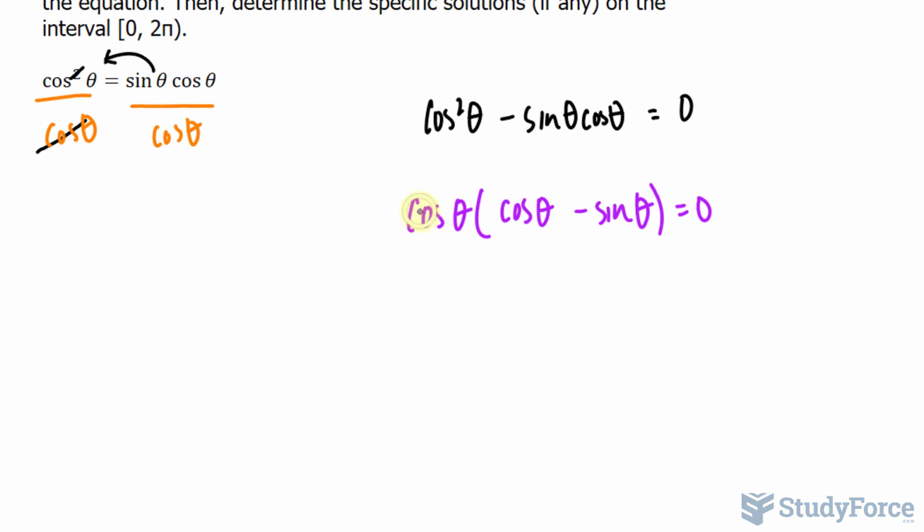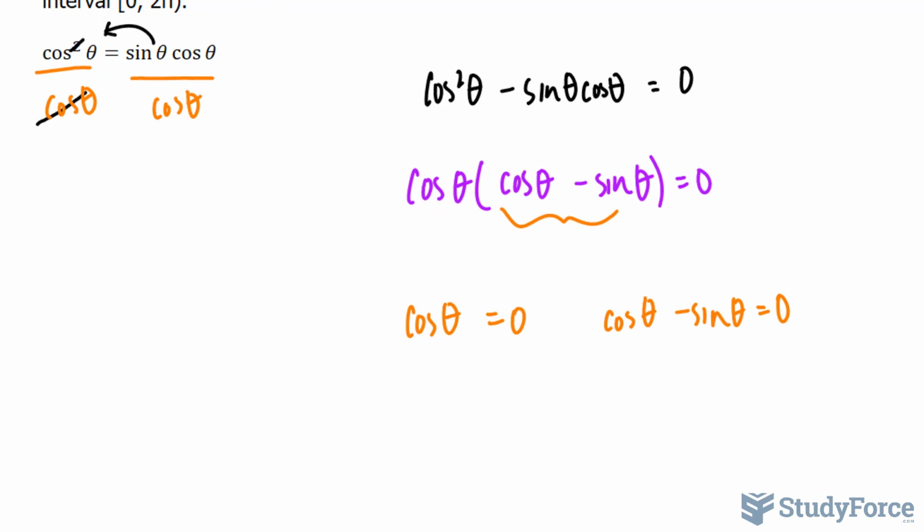We have 2 factors on the left side of this equation now, and they're both equal to 0. So I'll set cosine theta equal to 0, and this part of the expression equal to 0 as well. We now have to solve these independently, and I'll begin with the easier of the two.